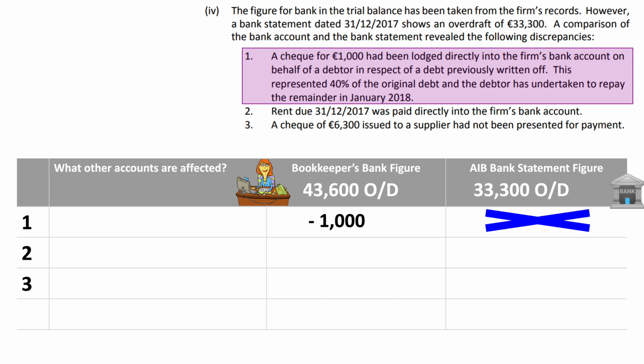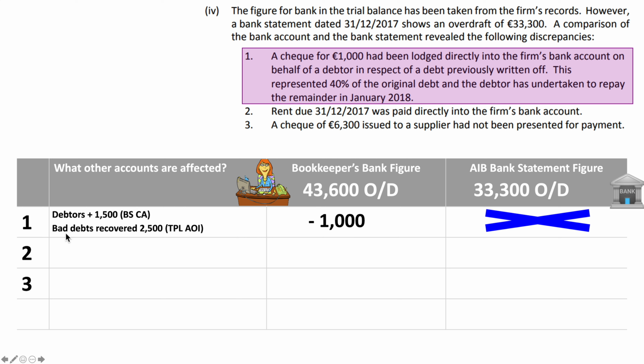So then, this represented 40% of the original debt, and the debtor has undertaken to repay the remainder in January 2018. So 1,000 is 40% of the debt that was written off by the debtor. So 60% is 1,500, which we will add to the debtor's figure there in the current assets.